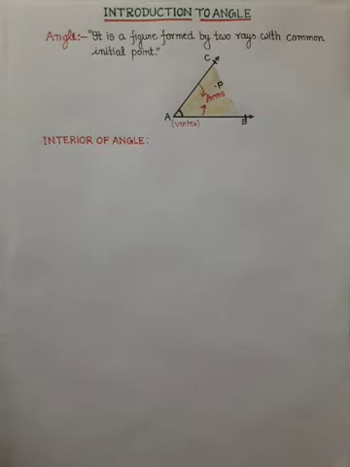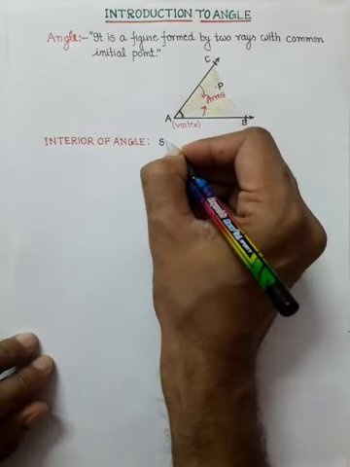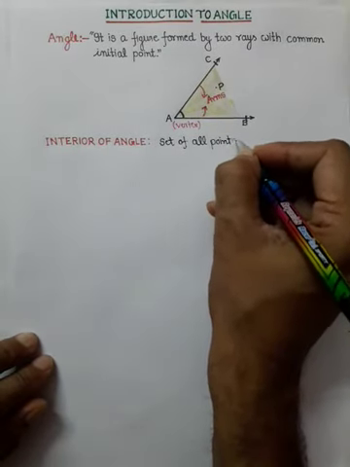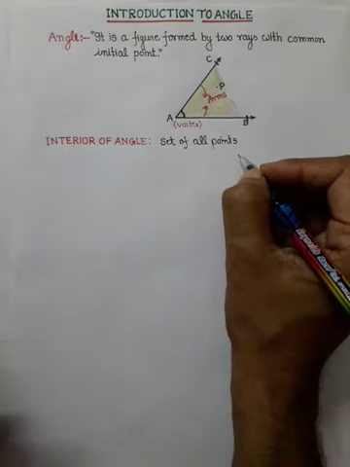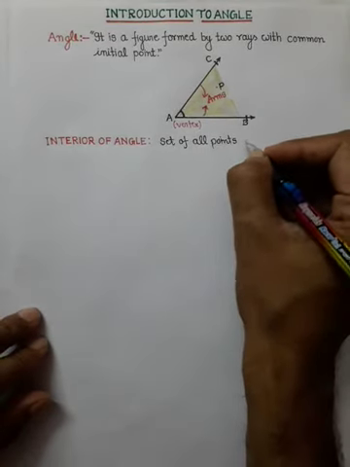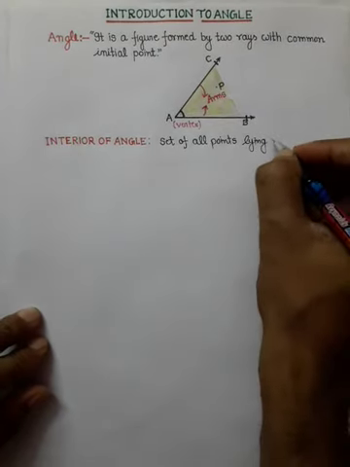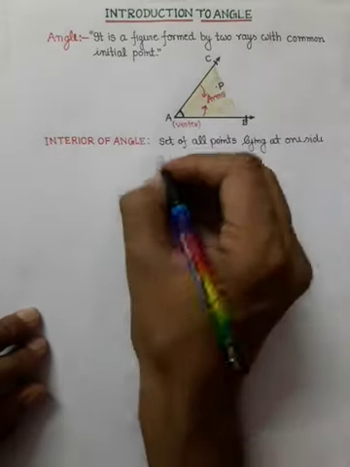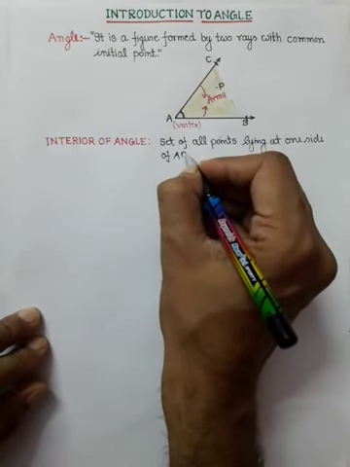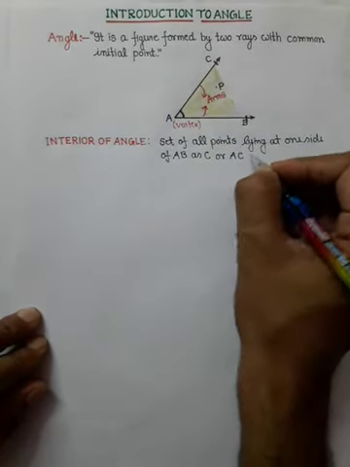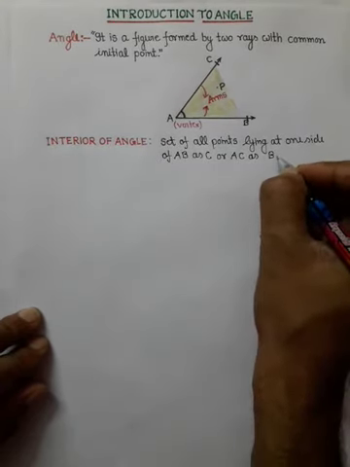So the interior of an angle is defined as the set of all points lying on one side of AB as C, and on one side of AC as B. So ultimately what is the conclusion?